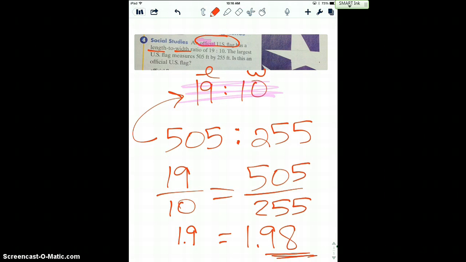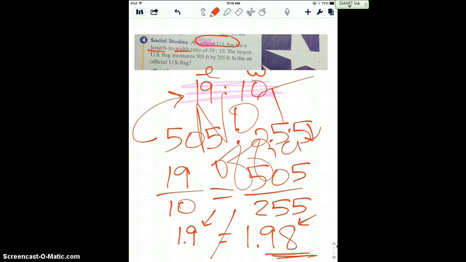This one keeps going onward, but I stopped at the hundredths spot to notice that it is different. They're very, very close, but still not the same. So I would say the largest flag is not an official U.S. flag. Be ready in class to look at ratios that are equivalent and not equivalent. See you then.